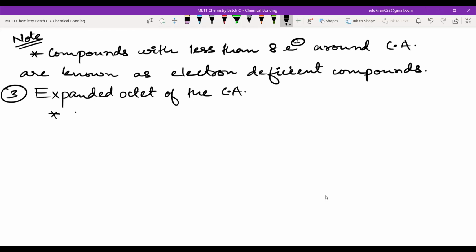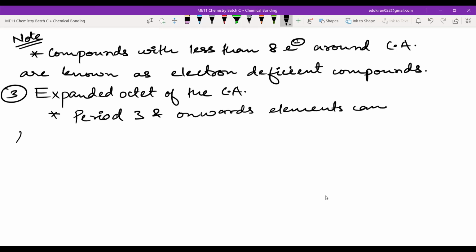Now, as we have seen, period 3 and onwards, elements can have more than 8 electrons in their valence shell.